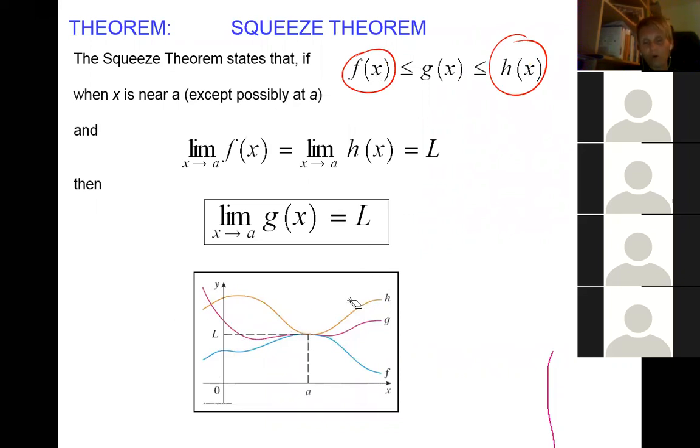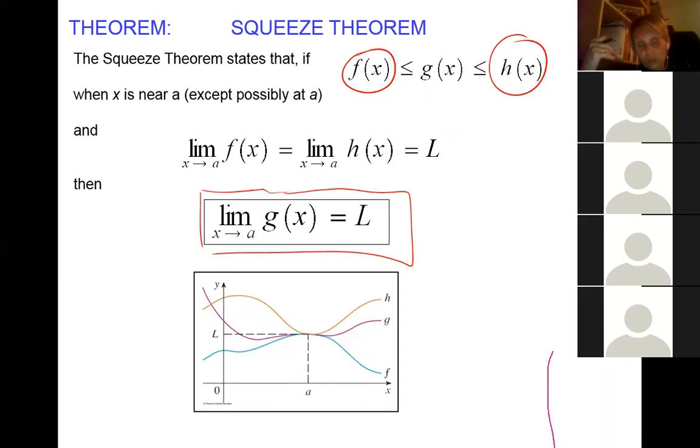And if both of them have the same limit at a, we can see as x approaches a, the limit is L. Okay? They kind of meet at the height L. That means everything between, in this case g of x, also has a limit L. That's nice, especially if we're looking for the limit of the function g of x and we don't know what to do with it.